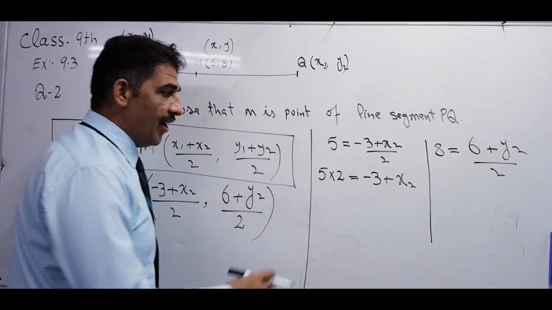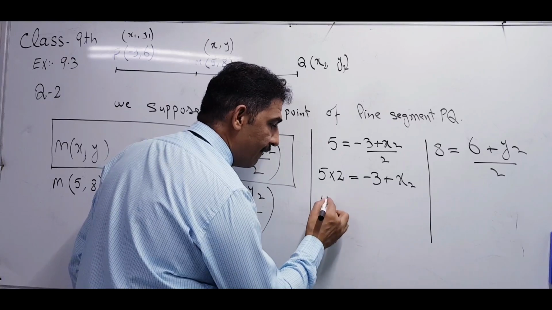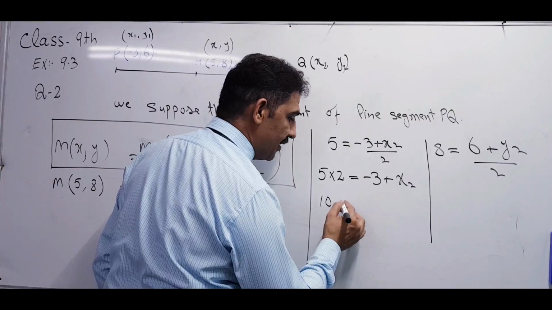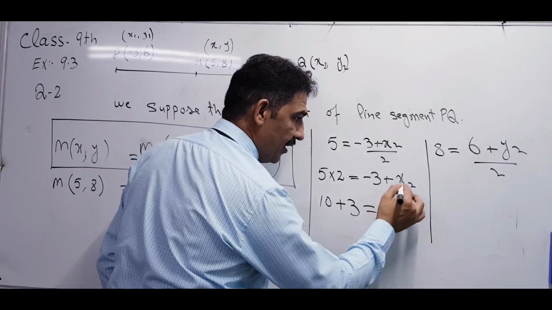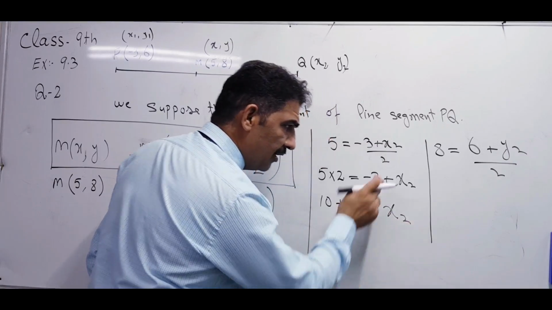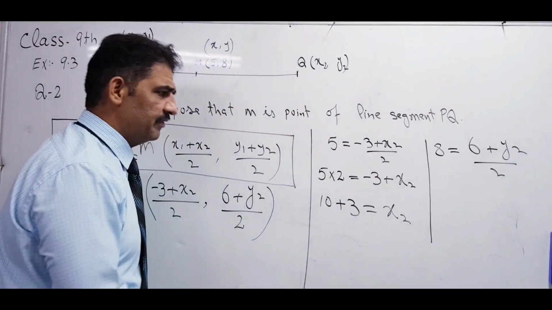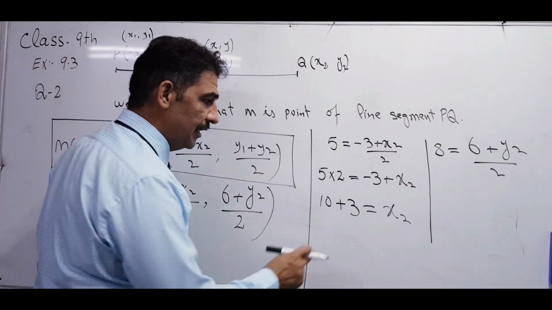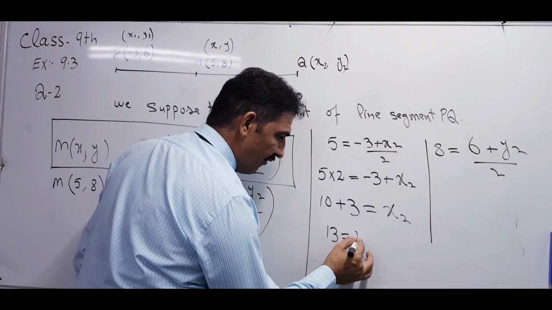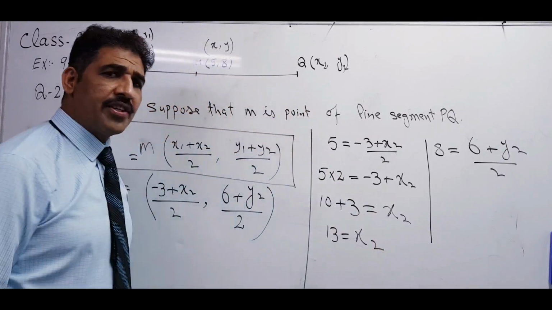Good. 5 2s are 10. Minus 3 shifting to this side will become plus. What is remaining here? x2. Plus, why not written? The first sign is plus, so no need to write. Good. 10 plus 3, 13. That is the value of x2.